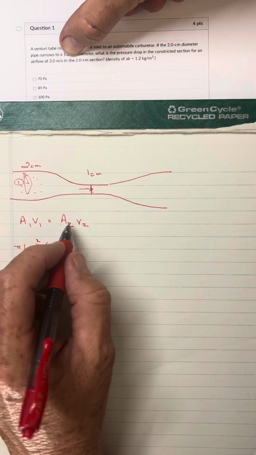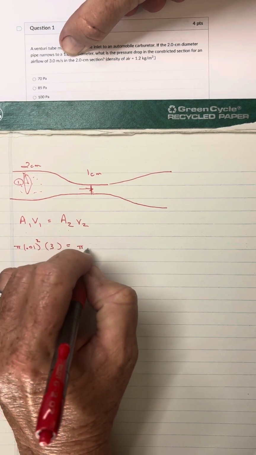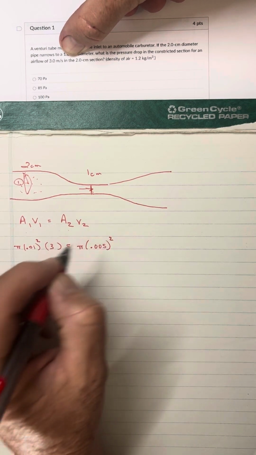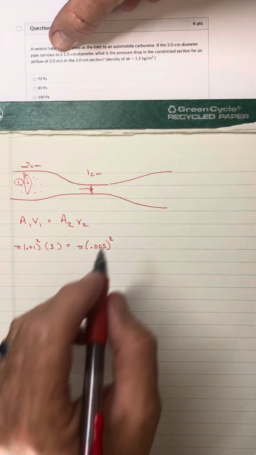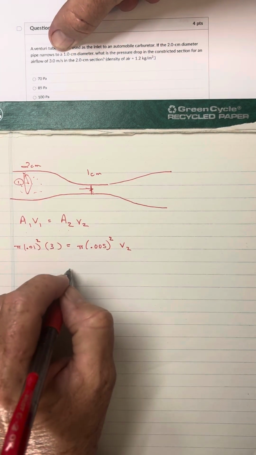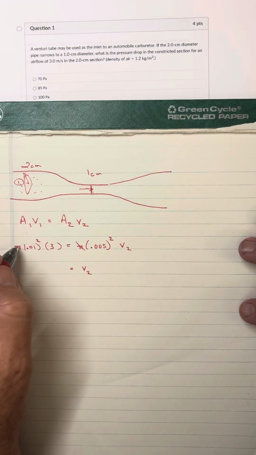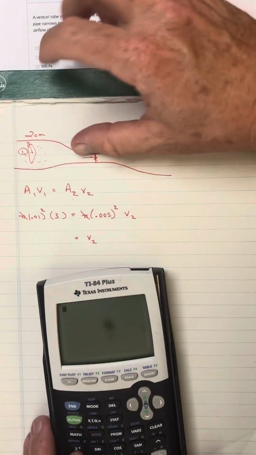The cross-sectional area in the narrow part would be pi times 0.005 squared. Let's see, 1 centimeter cut in half, good. And then we would have V2. And so my first step here is to find out what V2 is. And I can drop off the pi's.